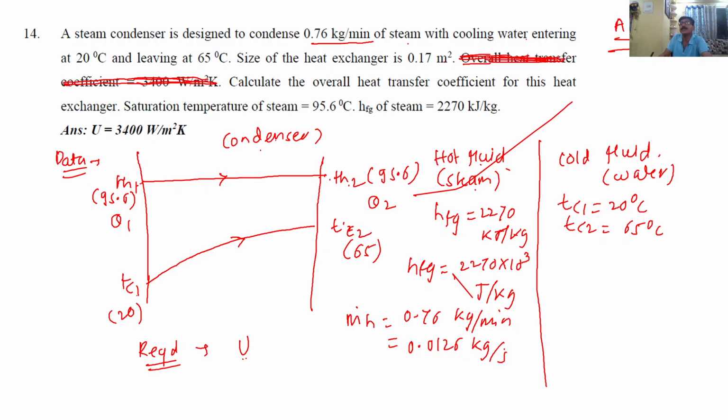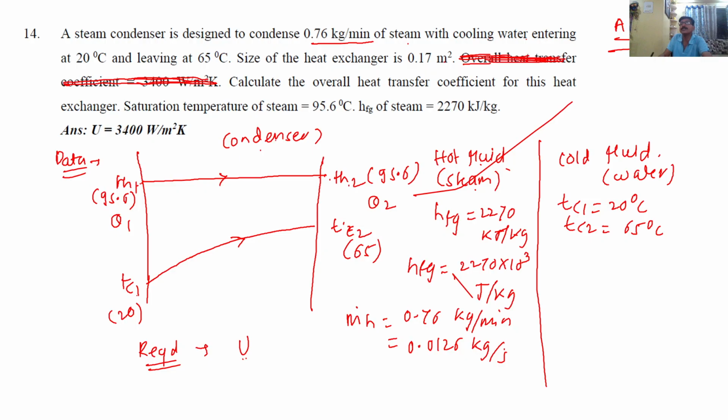Still no idea. Cooling water, that means the cold fluid is water. So naturally the chemical is what? Because there is only hot fluid and cold fluid, na? So cooling water means water is definitely the cold fluid. So naturally the chemical comes as hot fluid. So we got that idea.